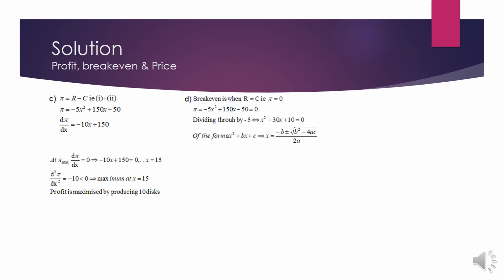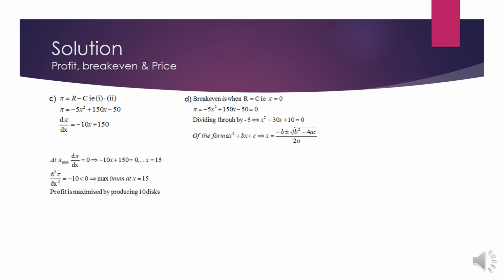Break-even is simply where R equals C. Total revenue equals total cost, i.e. profit equals 0. So you equate the profit function to 0, and negative 5x squared plus 150x minus 50 equals 0. So if you divide through by negative 5, x squared minus 30x plus 10 equals 0.